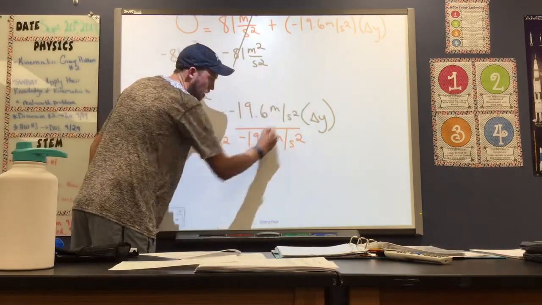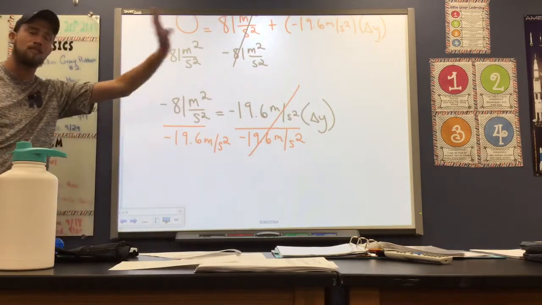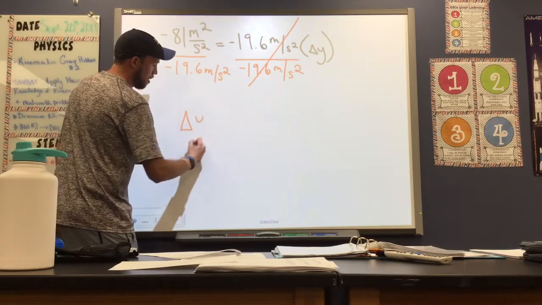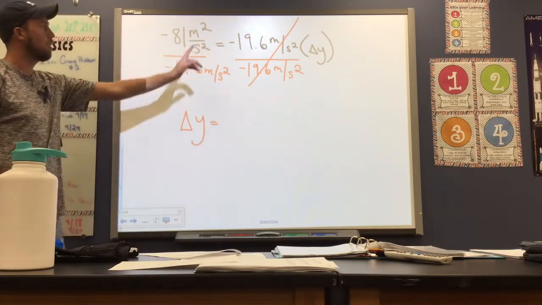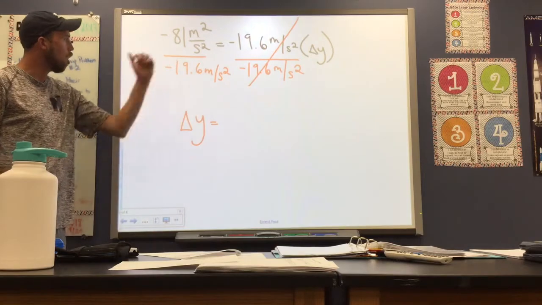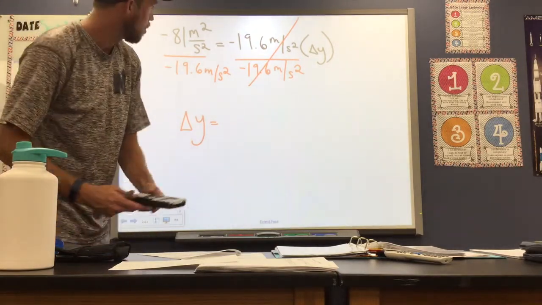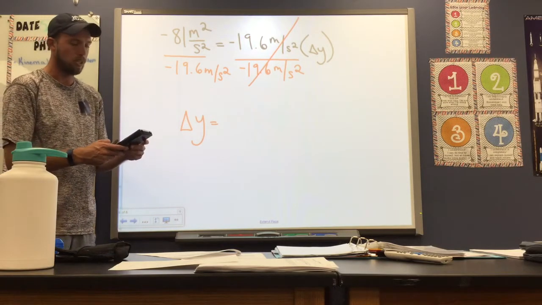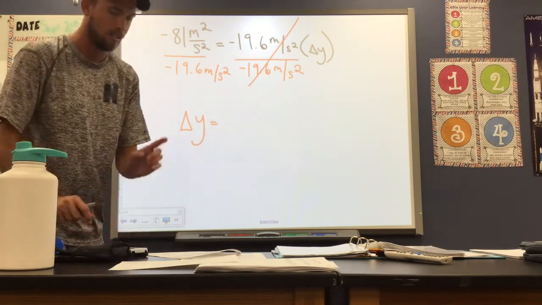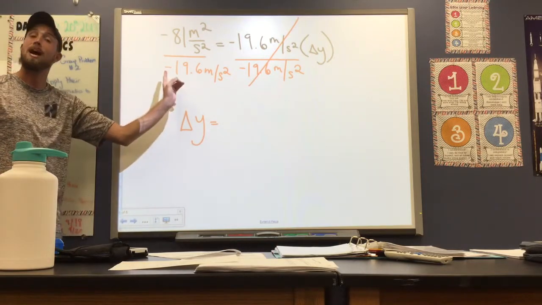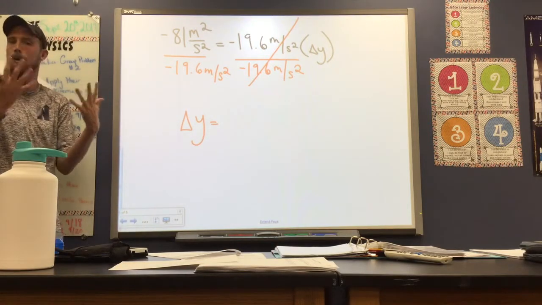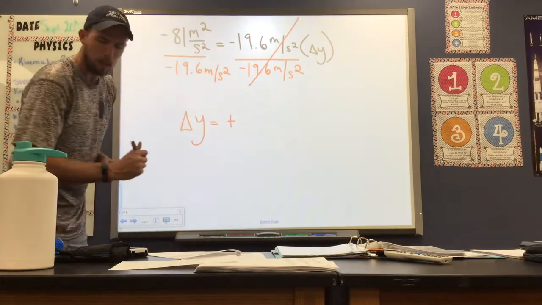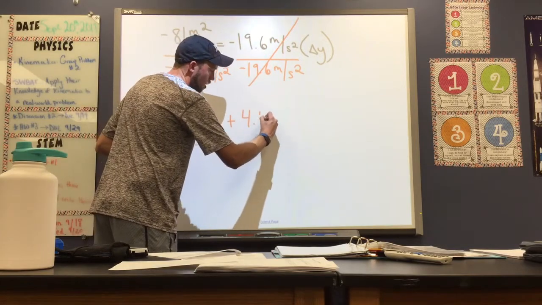So if I divide 19.6 by 19.6, that will get rid of that value on the right-hand side, and I'll be left with delta y equal to negative 81 meters squared per second squared over negative 19.6. So I'm going to plug this in really quickly. Negative 81 divided by negative 19.6. Hopefully we'll notice those negatives: if I divide a negative by a negative, that's effectively going to give me a positive value. So I should be left with positive, in my calculator, 4.13.